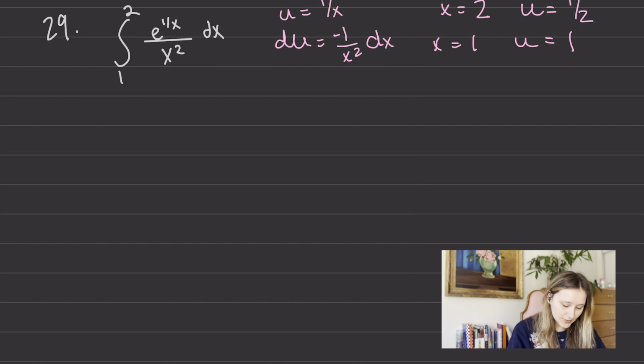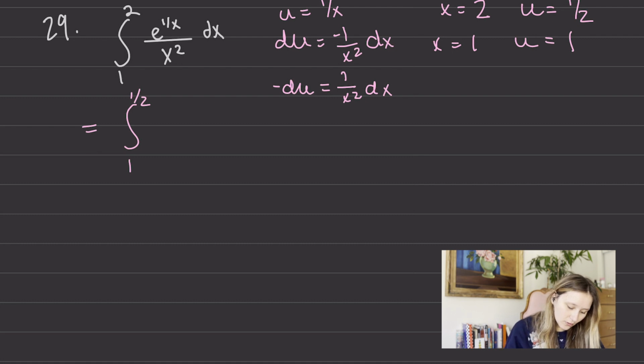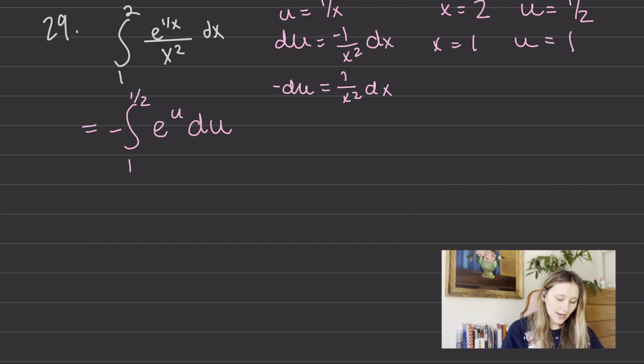Now, let's rewrite this. We have 1/2 and 1. We have a 1 over x squared dx. It's going to be minus du. And I'm going to put the minus on the outside. So we have e to the u du. E to the 1 over x, e to the u.